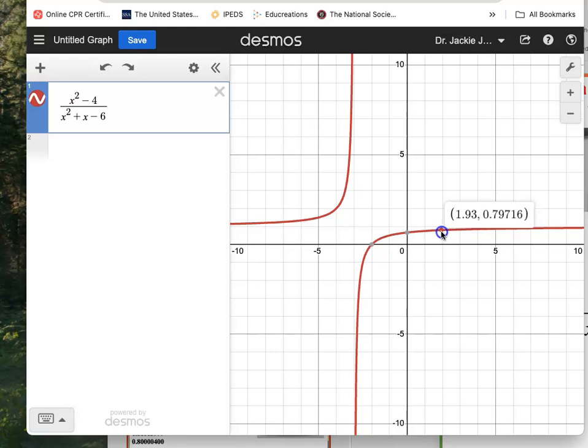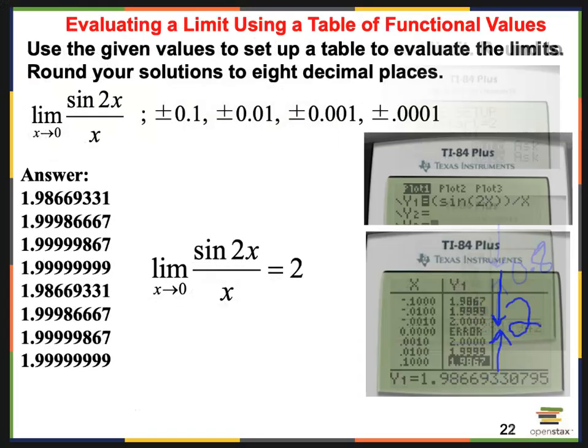It's kind of hard to tell from the graph if you did not know, because it doesn't show you that hole, that it's undefined at 2, but we know that from our function, because if I put 2 in, I get 0 in the denominator, and it becomes undefined. Okay, so there are 3 ways we're looking at it: graphically, using the calculator, and algebraically.